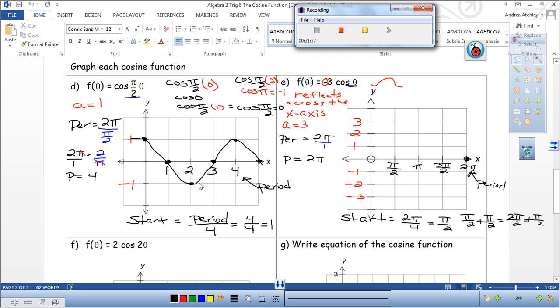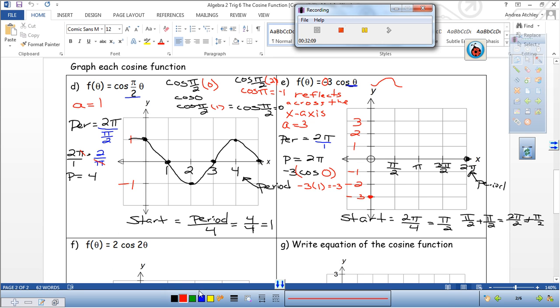Okay, now we're going to graph it, so let's plug it in. To get negative 3 times the cosine, we're going to plug in 0 first. What's the cosine of 0? 1. So then we get negative 3 times 1, which is negative 3. So it starts down here.